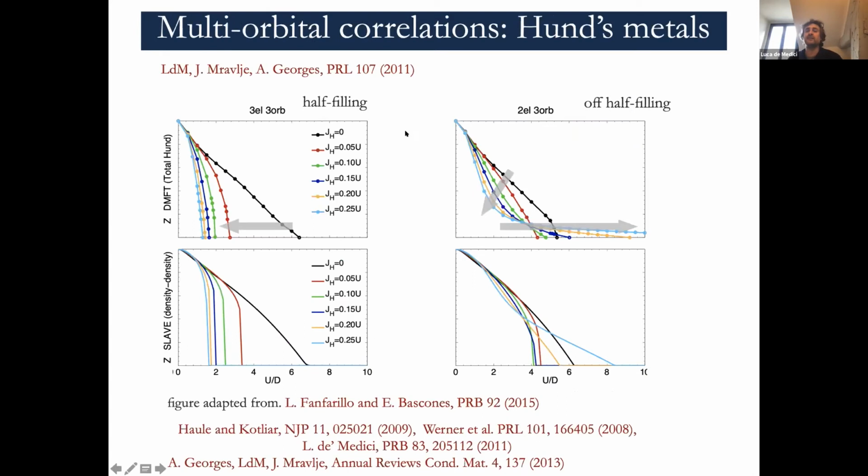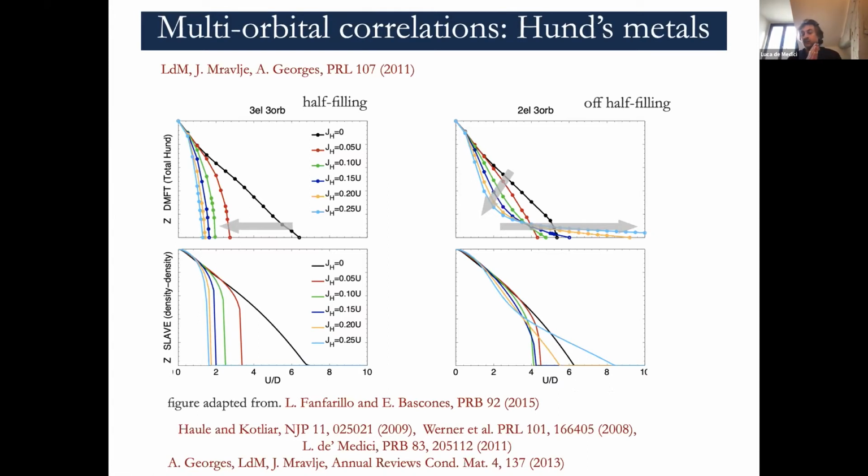And this was for half filling. Now, imagine that you go out of half filling, it's even more complicated. In fact, even if, as we saw, the Hund's coupling generally correlates and reduces the quasi-particle weights, it also pushes away the Mott transition out of half filling, so that you actually tend to have, for the quasi-particle weight, quite long plateaus in which you have strong correlations, but far from the Mott insulator.